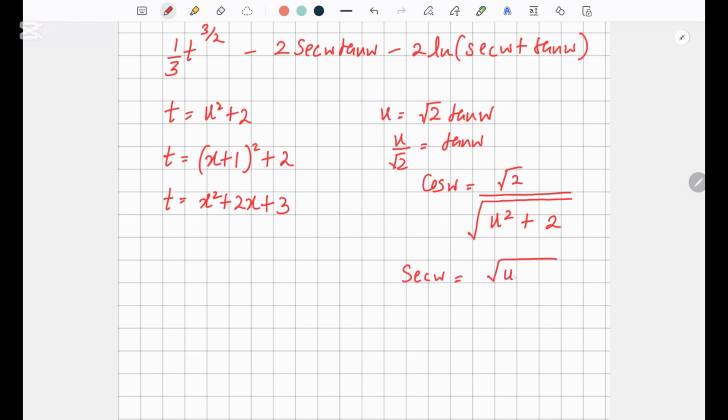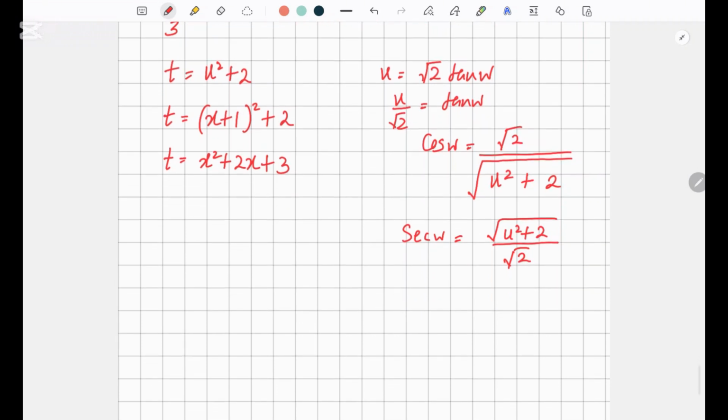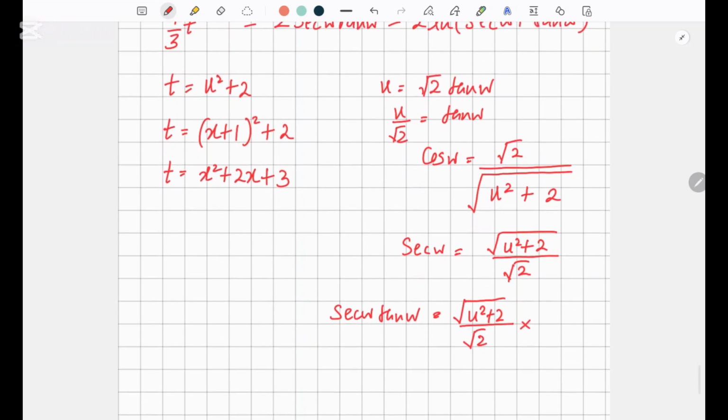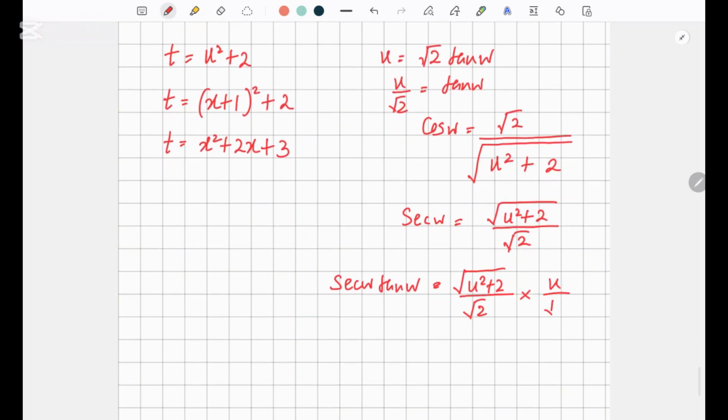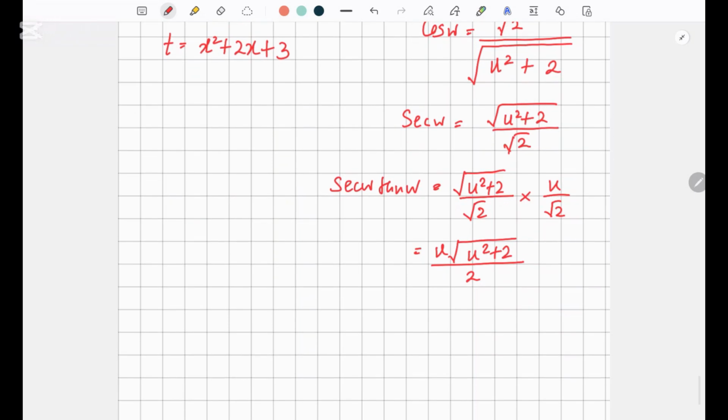So root u squared plus 2 over root 2, and you could write sec w into tan w equals root u squared plus 2 over root 2 into tan w, which is u over root 2, giving you u into square root u squared plus 2 over 2.